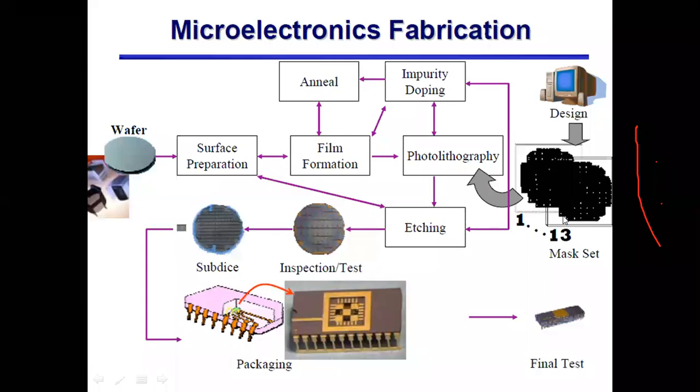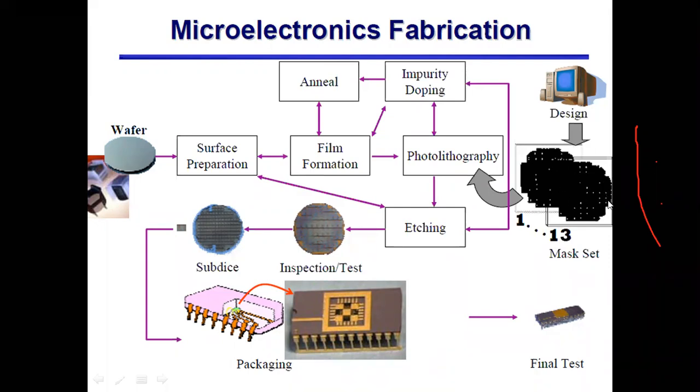There are companies or organizations which make masks for you. Using computer programs such as CoventorWare or MEMS Pro, L-Edit, you have to make the layout of your features in the computer program, and you send those files to the mask manufacturer, and they manufacture the mask.